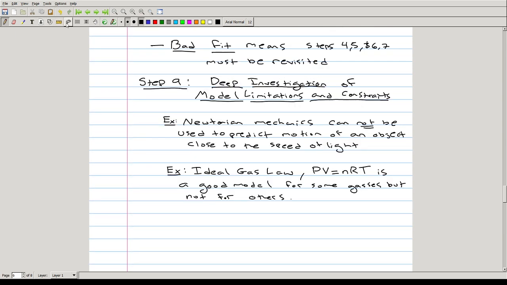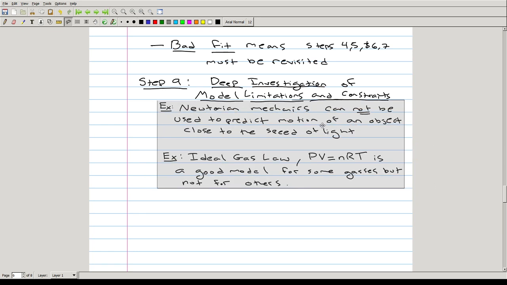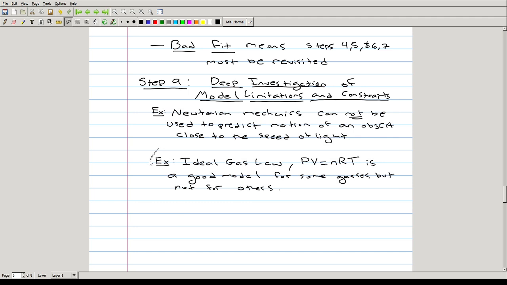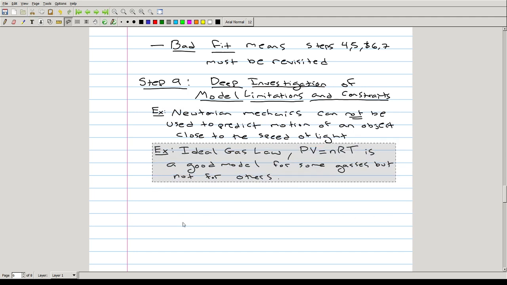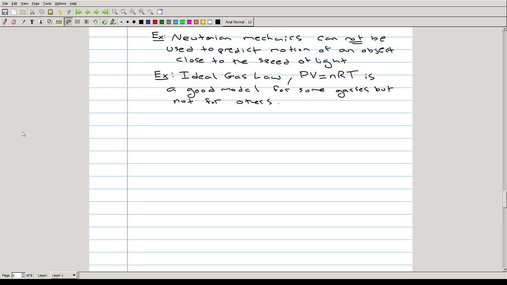Once you've performed this deep investigation of the model limitations and you figured out what the boundaries of your model are in terms of its limitations, you can then move on to the next step, which is what's called predictions and sensitivity analysis.